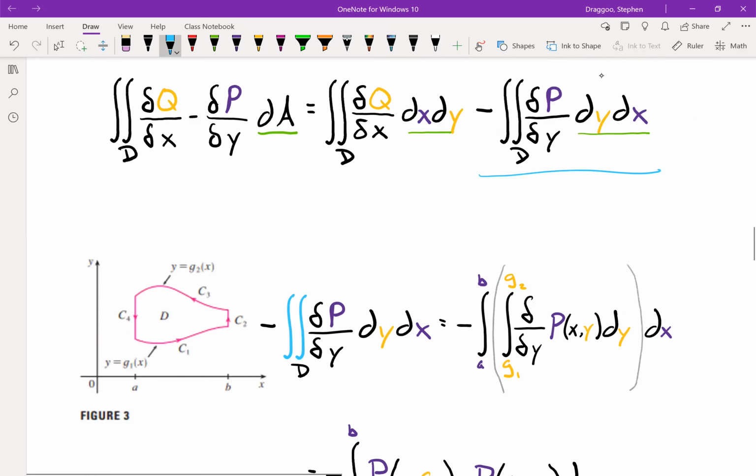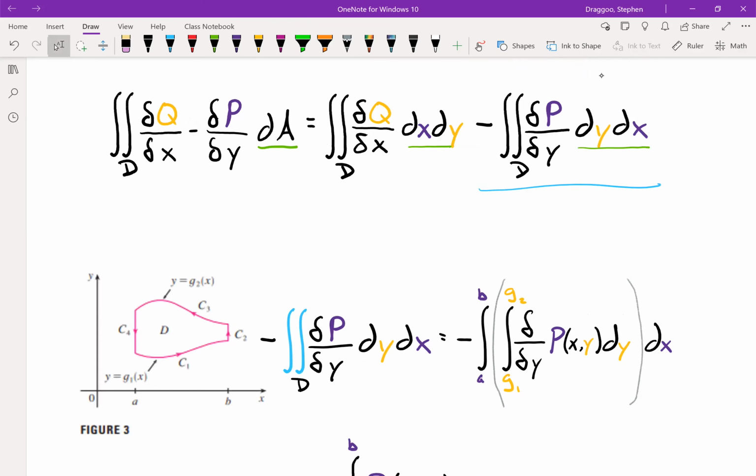So let's bring that down to the next line, where we'll bring in a figure of just some nice looking shape, which again, we're going to take some of the rigor out of the proof, so that we're not going to do the whole thing, and just say that we happen to have a nice type 1 region that we want to integrate over, meaning that the double integral can be quite nice to do dy and then dx.